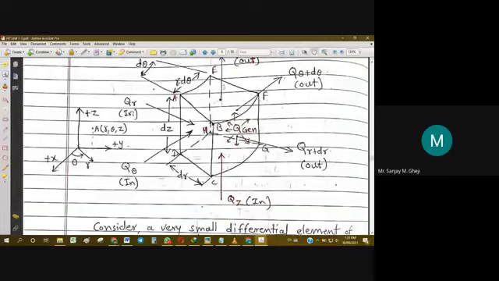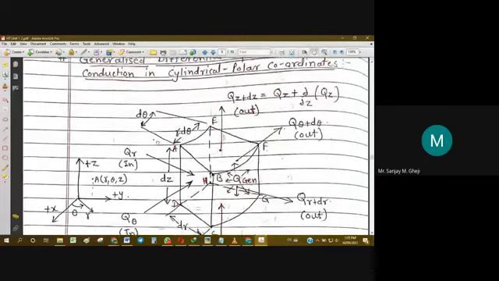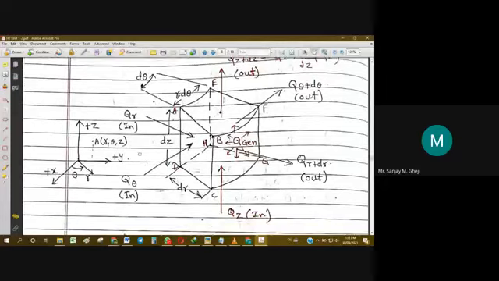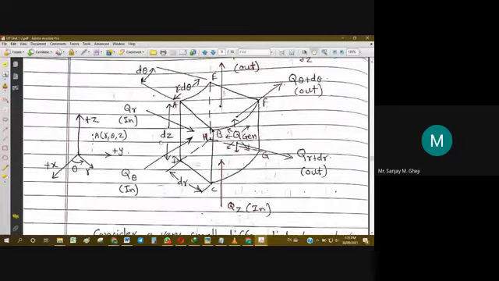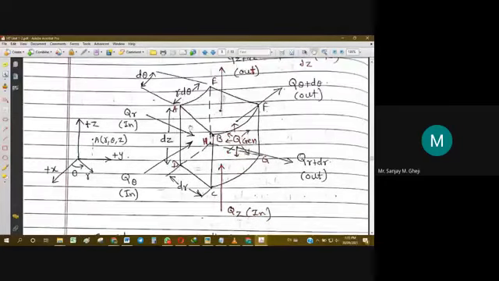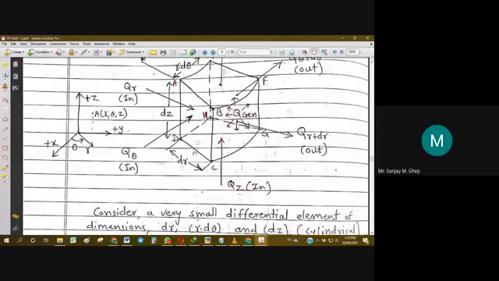Cylindrical coordinates are radius r, angular direction theta, and axial direction z. So variables will be r, theta, and z. So variables will change. So this way, this element can be taken.